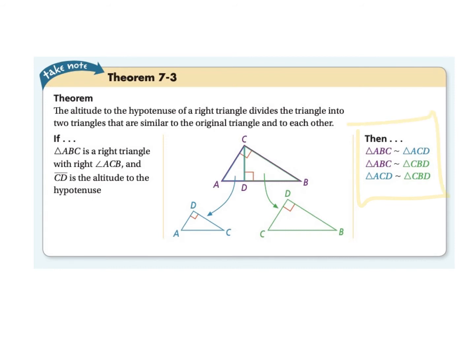Triangle ABC, your big triangle, is similar to one of the smaller triangles it forms, which is ADC. It's also similar to the medium-sized triangle it creates, which is CDB. And those two smaller triangles are also similar to one another.